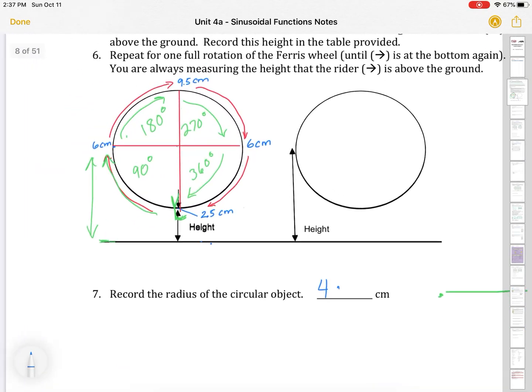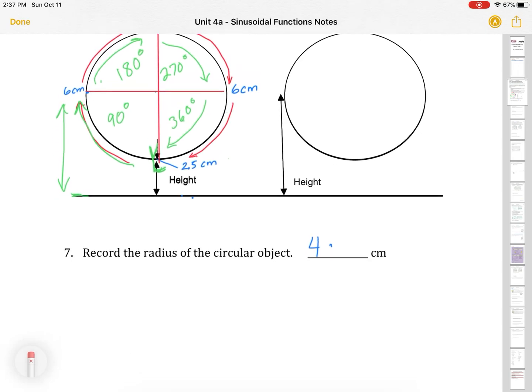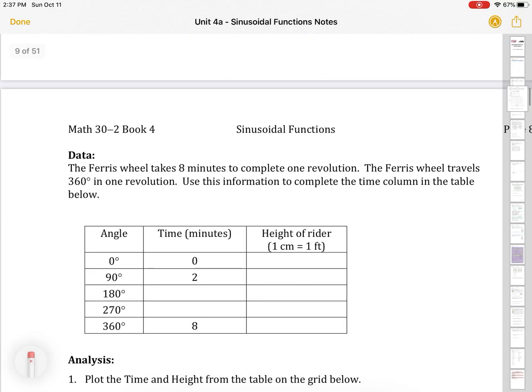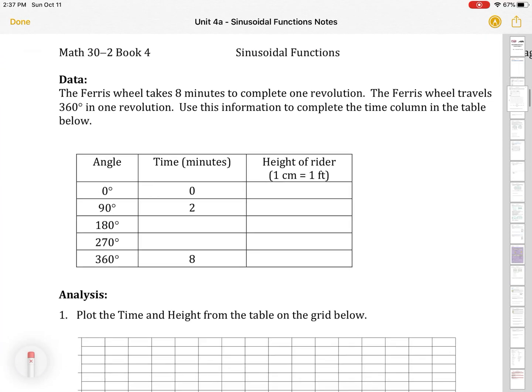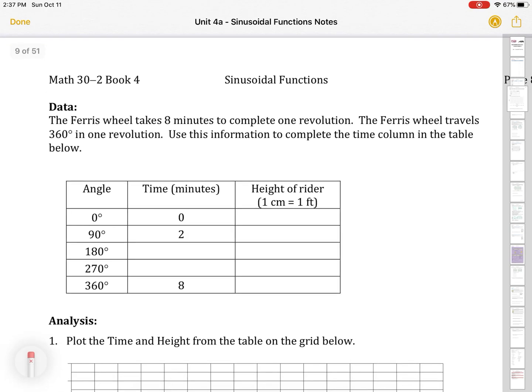Now, like I said, I expanded it, so it's a bit of an approximation because as I expanded it, certain measurements got a little off, okay? But we're close. Now, the big thing is to look at what happens to the motion as we rotate through that 360.